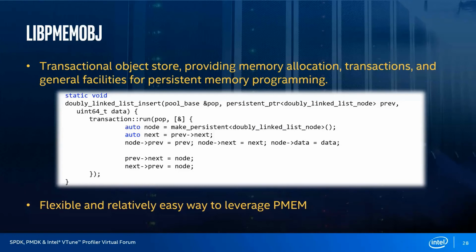The only difference is the transaction, obviously, and make persistent. Make persistent is the memory allocation that you do, which is modeled after make shared or make unique from the C++ standard. So this fits fairly well, and it can be used to modify even existing applications that want to use persistent memory.